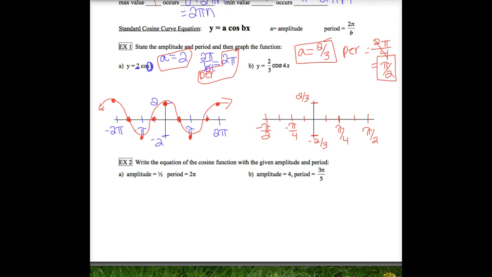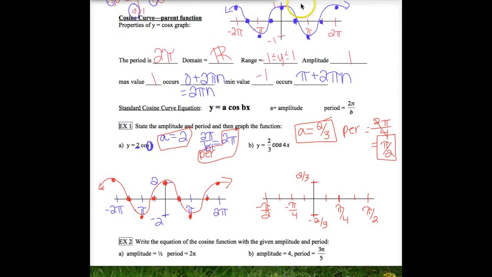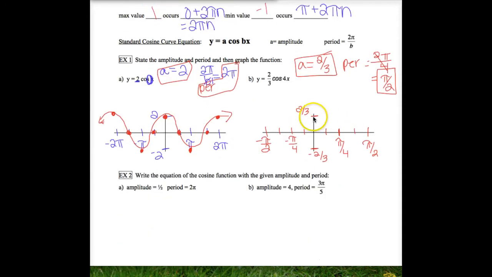And again, the graph is going to look exactly the same. The only thing that we're changing is the labels. So I'm going to draw it exactly the same way that I did in A and exactly the same way that I did in the parent function. So the shape is going to be the exact same. I start high, I go to the midline, I go to the valley, back to the midline, and then back up to the hill.